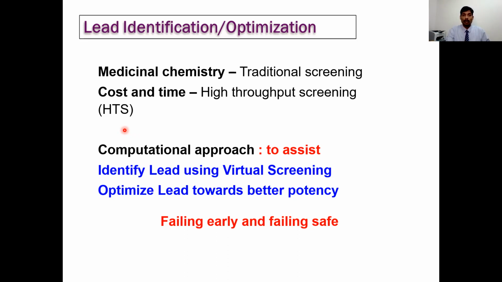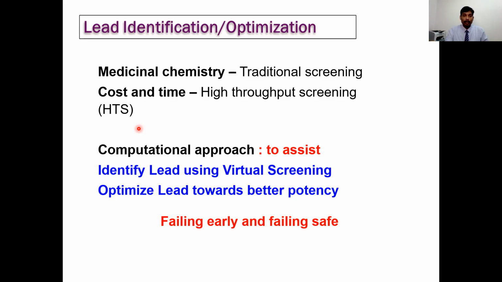This is called high throughput screening, which will take a lot of time, whatever the technology being developed. You have to do in vitro studies, and the interactions need to be analyzed and observed. It takes a lot of time.